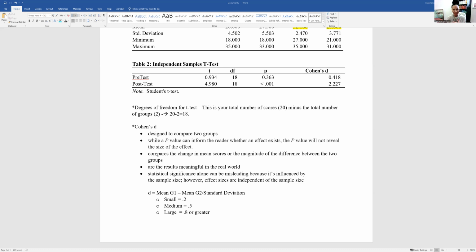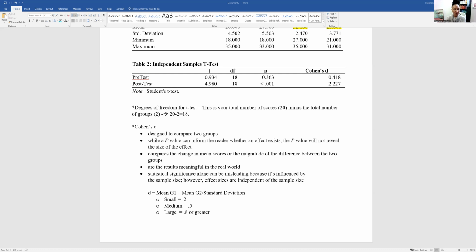As we increase the sample size, the larger the sample size gets, the much more likely we are to find statistically significant results, but our effect size is independent of that. So while we can manipulate the p-value, we can't manipulate the effect size. So again, it gives us a truer explanation of our study results.